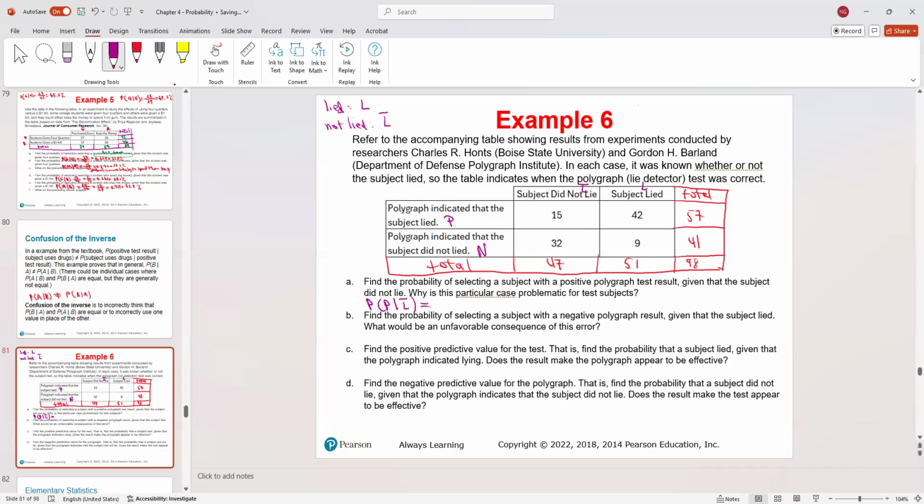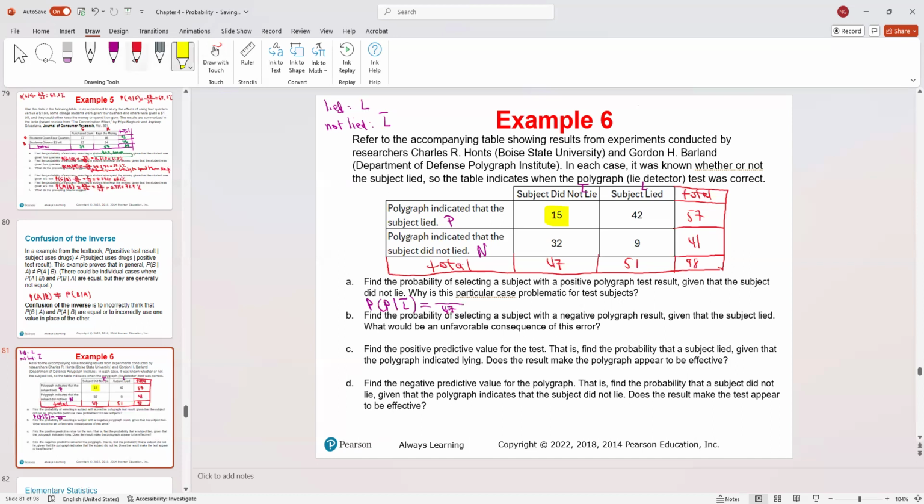So positive result, given that the subject did not lie, because we said given that, the total for given that the subject did not lie, what is the L bar? The total? Yes, 47. Now, what is the intersection between the positive polygraph and subject in that line? Yes, it's 15.